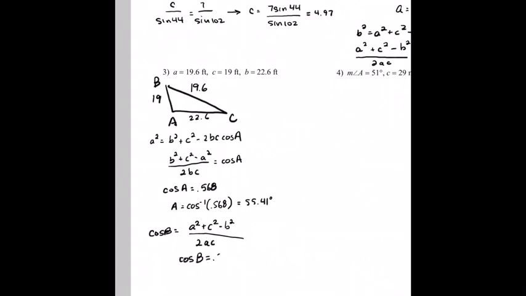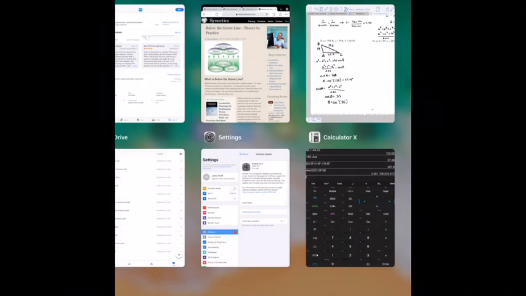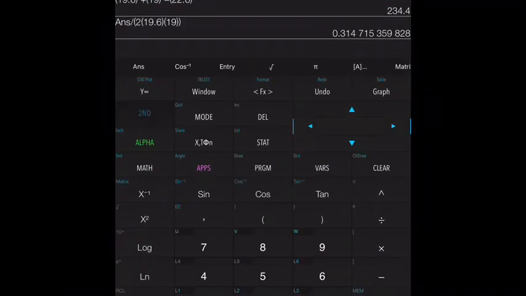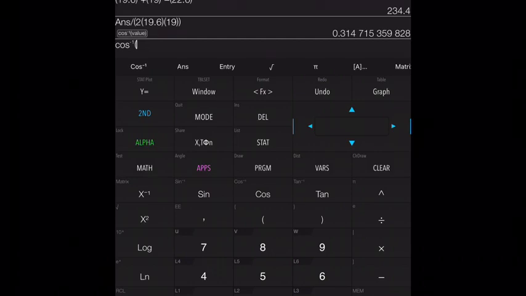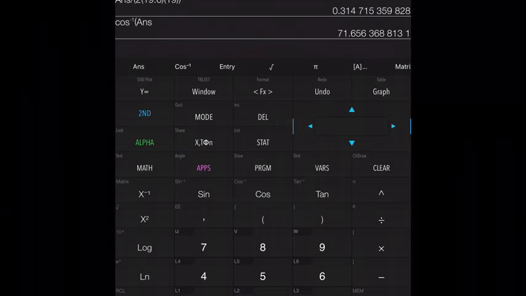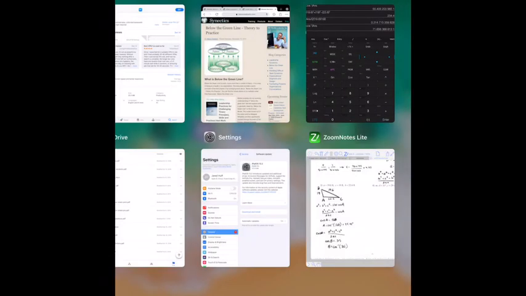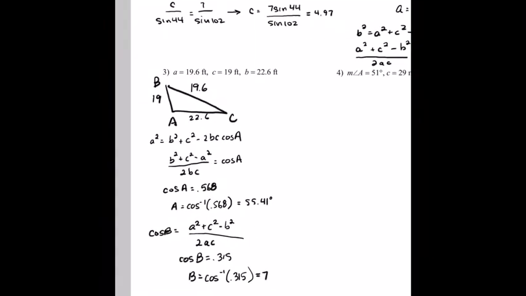So cosine B is 0.315, and then B is going to be the inverse cosine of 0.315. That's 71.66 degrees. And since we know two of the angles now, we can add them together and subtract from 180.